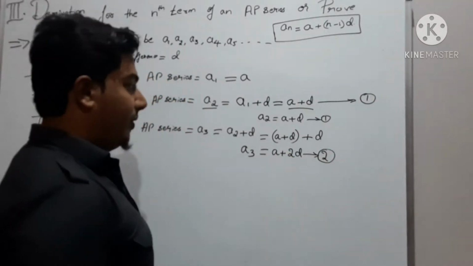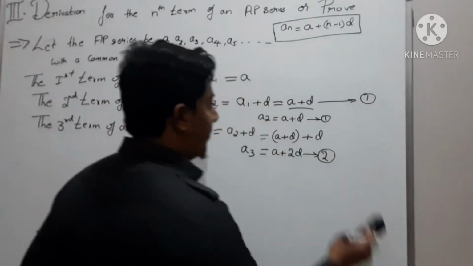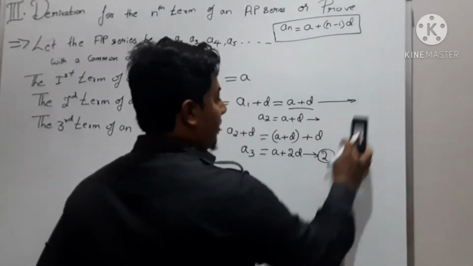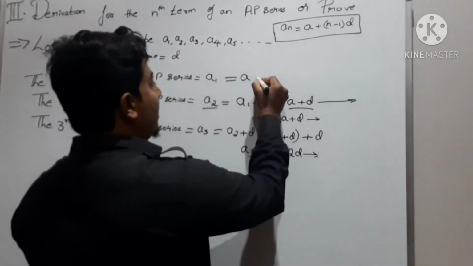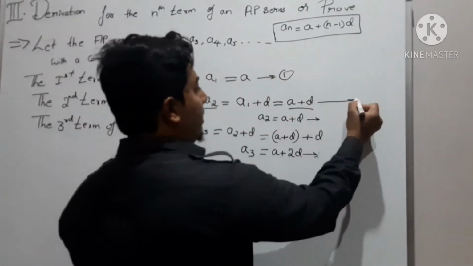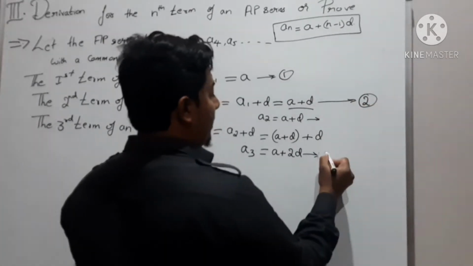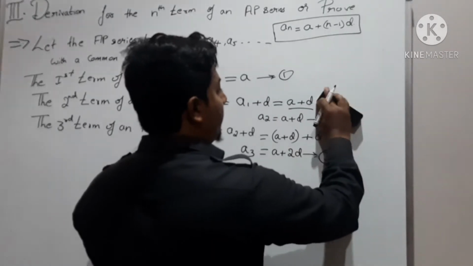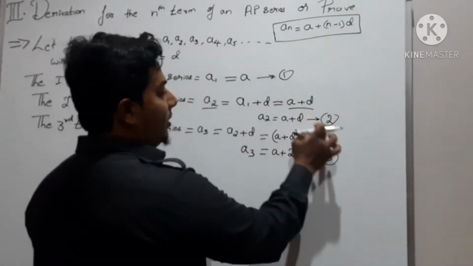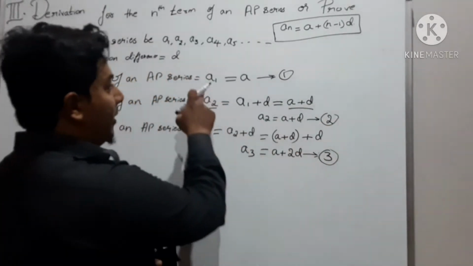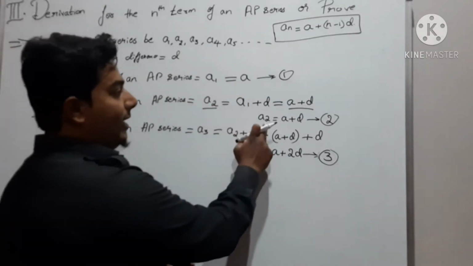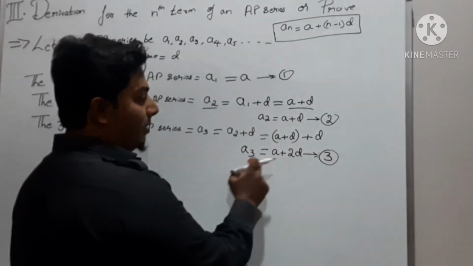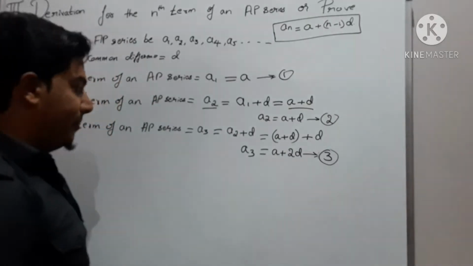We'll call this equation 1, this equation 2, this equation 3. The first term is given as a, the second term is a plus d, the third term is a plus 2d.